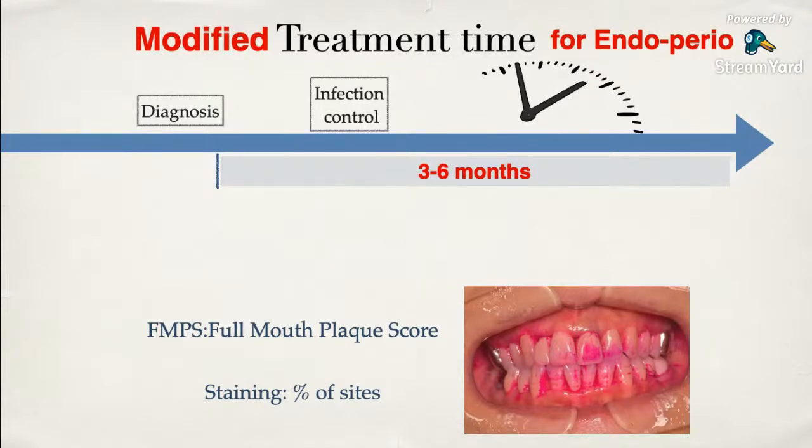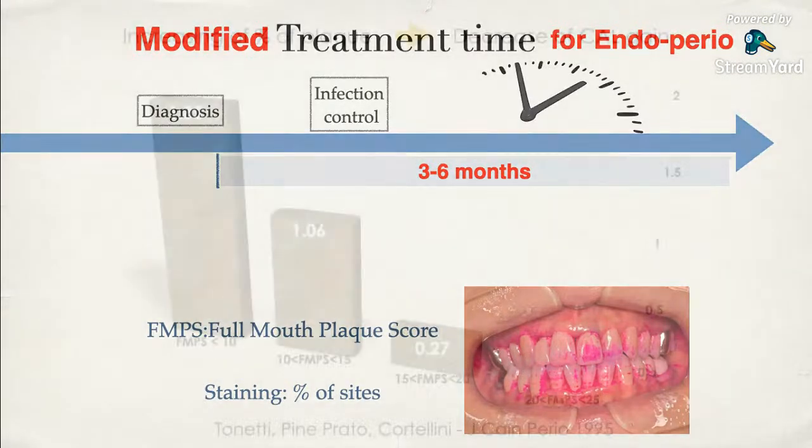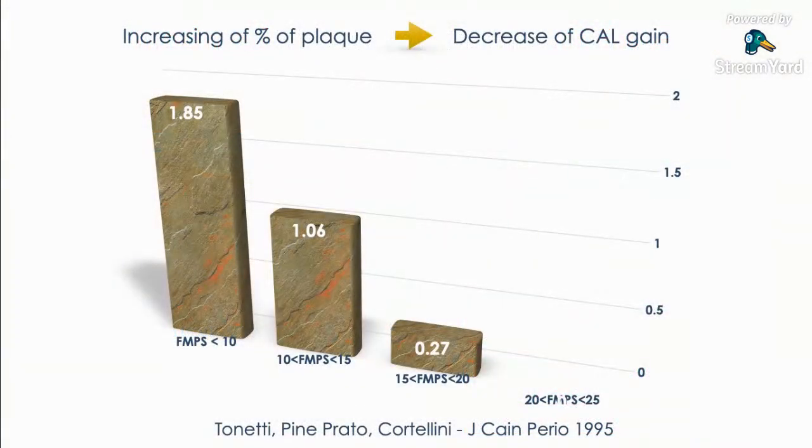During this period, please try to motivate the patient and check the full mouth plaque score. An increase of plaque means a decrease of clinical attachment level gain. If the full mouth plaque score is more than 20%, we call it very dirty. So please try to get it to less than 15%, or if possible, less than 10%.